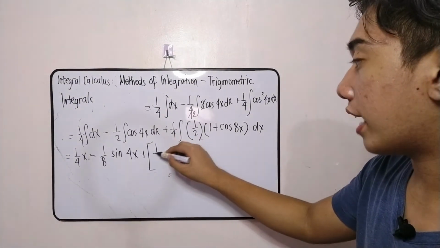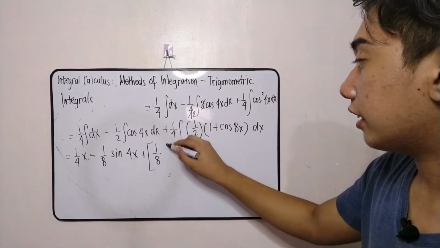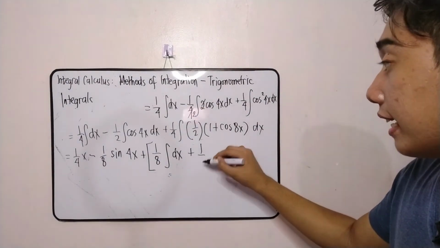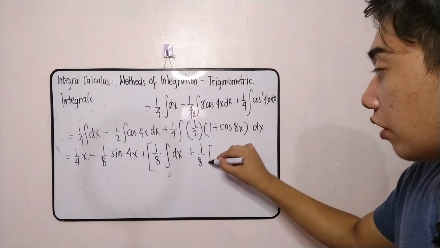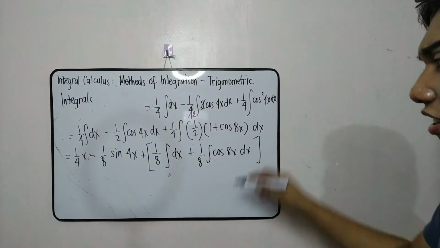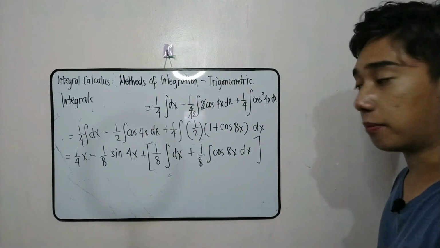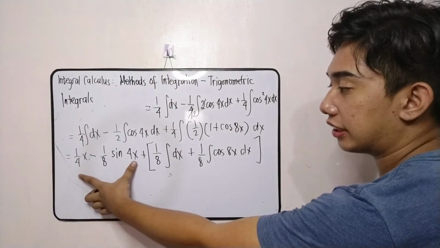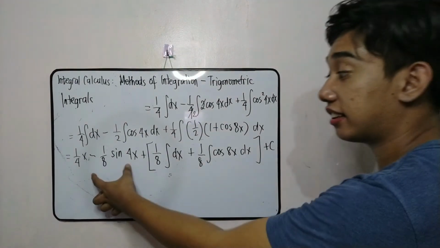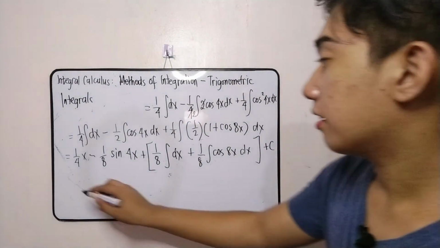So this becomes 1/8 the integration of dx plus 1/8 integration of cosine 8x dx. So it is really long, di ba? Pero na-integrate na natin ito siya dito. So we can add plus c na dito sa last. Kasi may na-integrate na tayo. Okay?